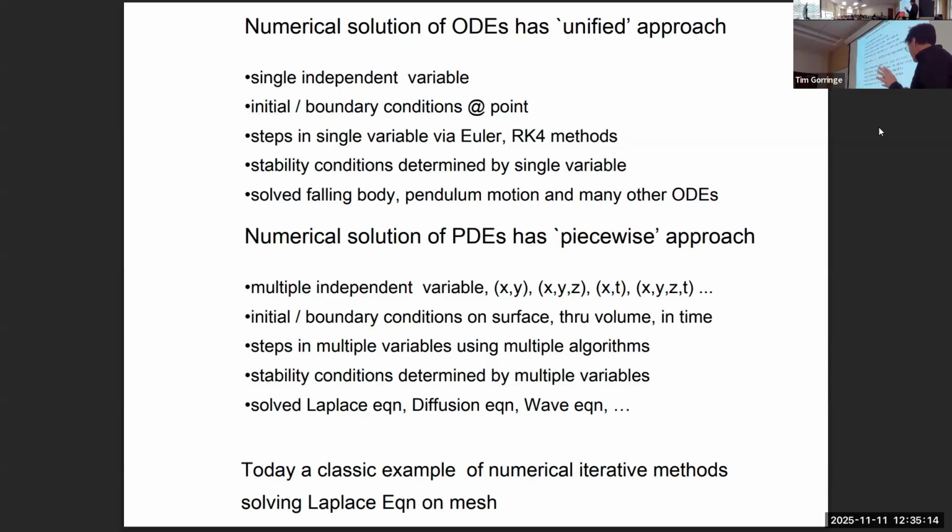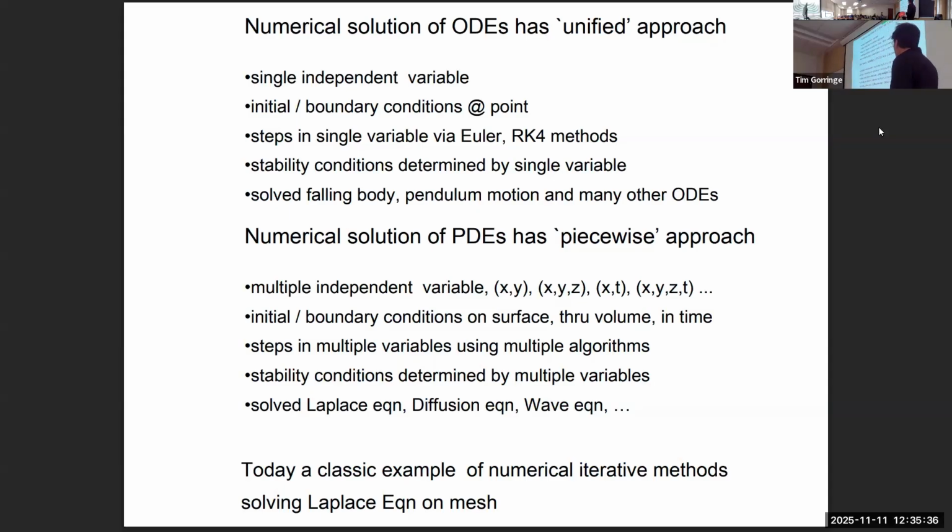So one independent variable. When we specified the initial conditions for the falling body or for the pendulum's motion, we specified those initial conditions at a point or at a moment in time.